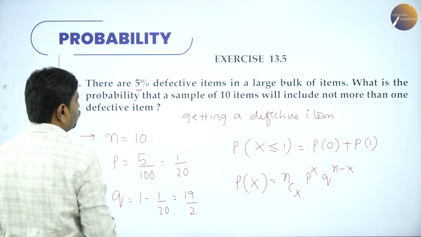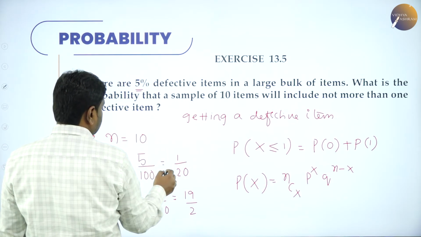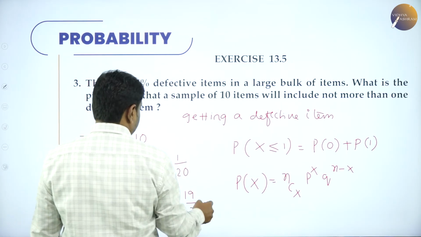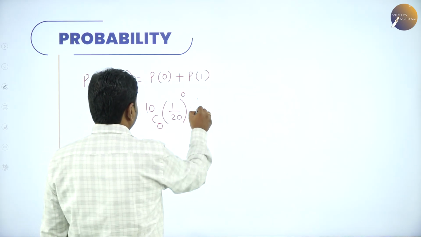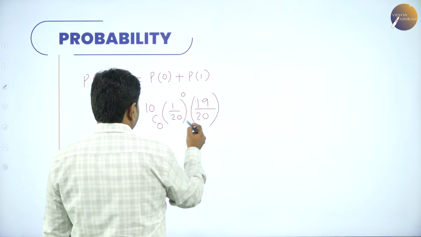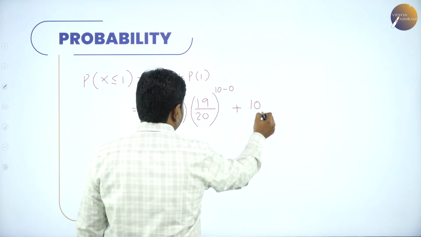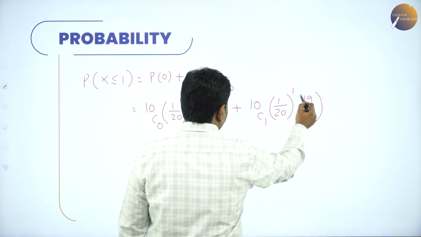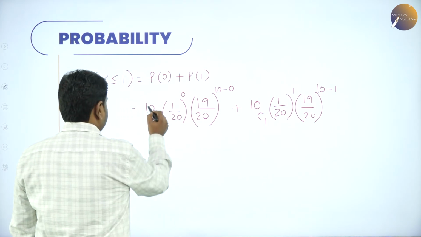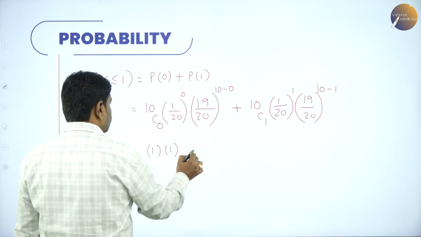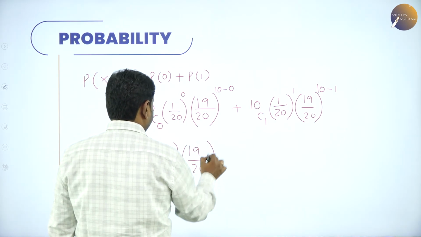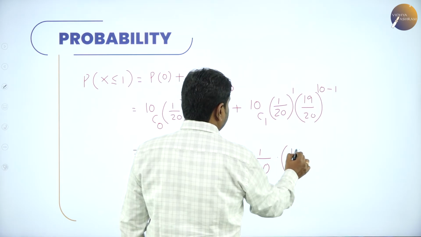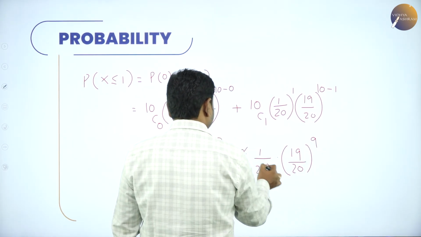With n as the number of trials, 10C0, p is 1 by 20 power 0, into q is 19 by 20 power 10 minus 0, plus 10C1, 1 by 20 power 1, 19 by 20 power 10 minus 1. nC0 is 1, anything power 0 is 1, so you are left with 19 by 20 power 10 plus 10C1 is 10, and 1 by 20 power 1 is 1 by 20, 19 by 20 power 9.